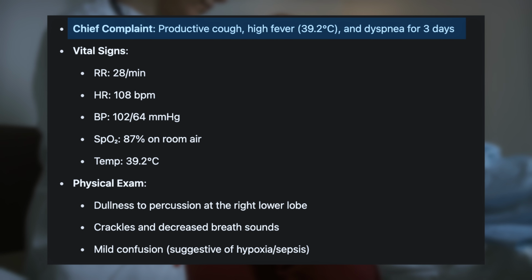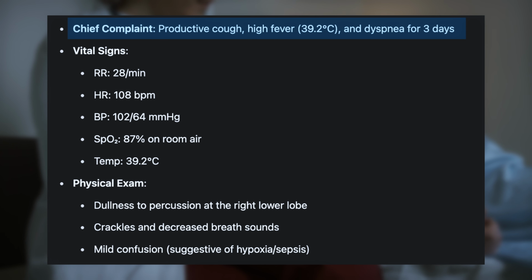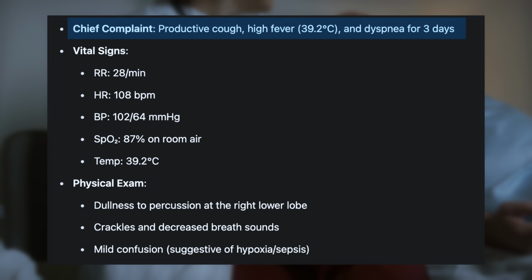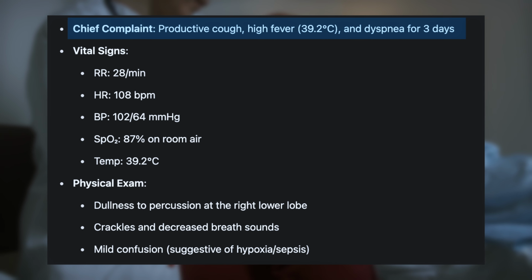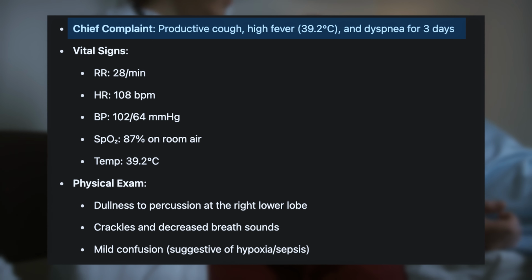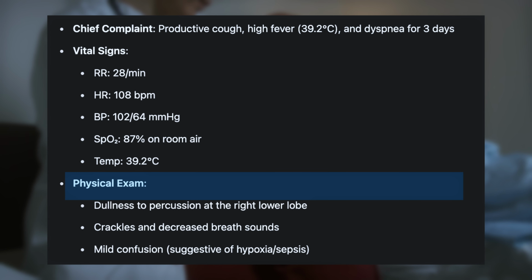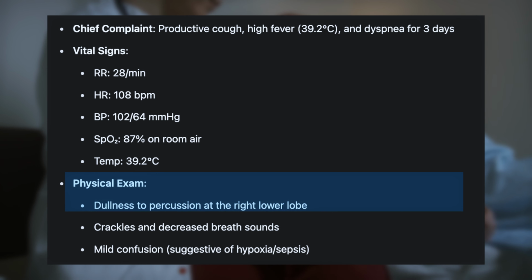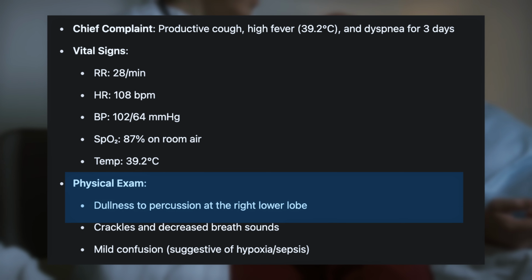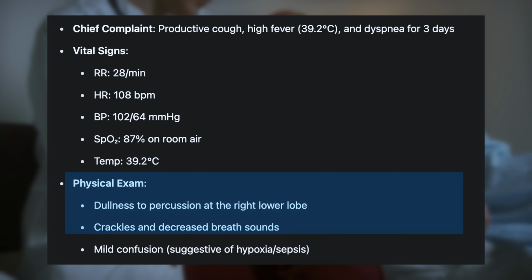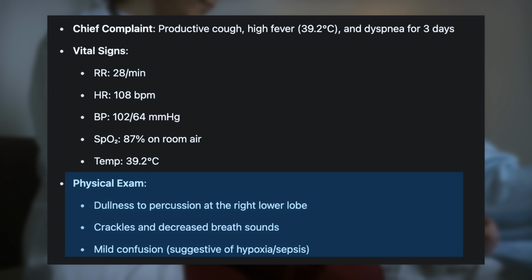Vital signs show RR 28 per minute, HR 108 BPM, BP 102/64, and SpO2 87% on room air. Temperature 39.2 degrees. Physical exam shows dullness to percussion at the right lower lobe, crackles and decreased breath sounds, mild confusion, suggestive of hypoxia and/or sepsis.